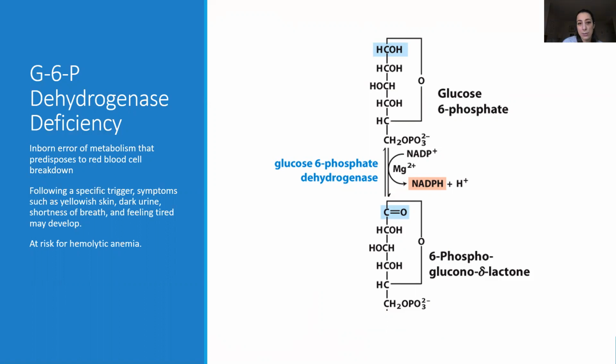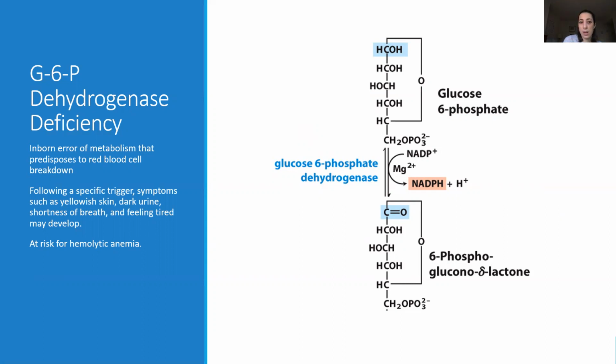Again, it is the first step of the oxidative phase of the pentose 5-phosphate pathway. It is the rate controlling enzyme, so it is the most important enzyme in controlling all of pentose 5-phosphate, and if we utilize it.